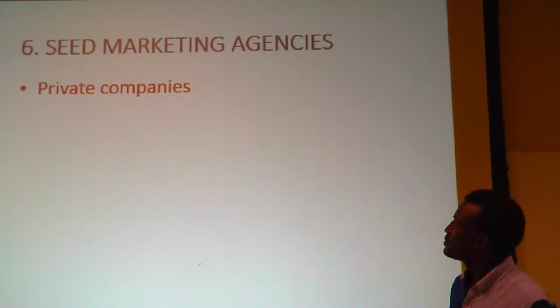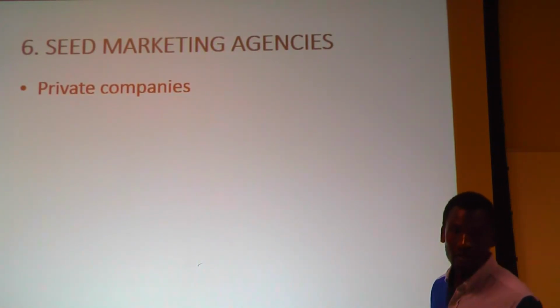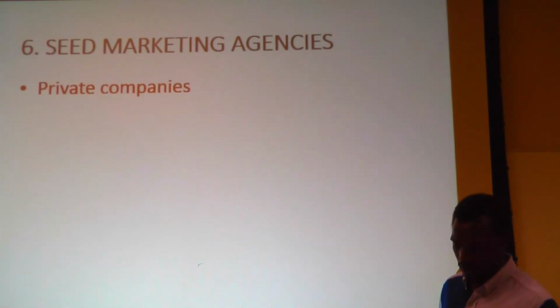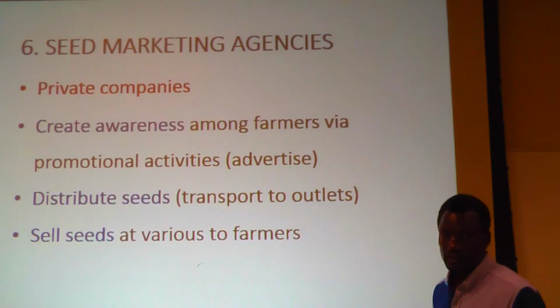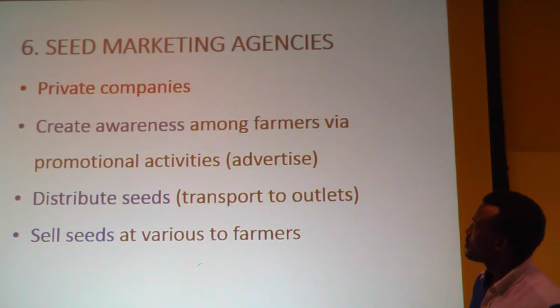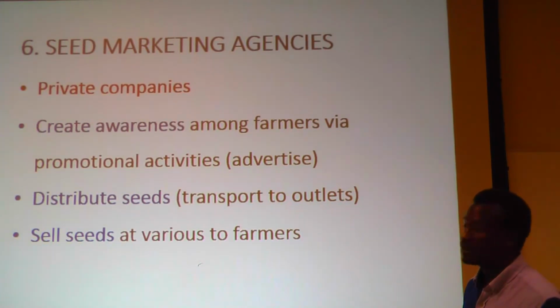And the 6th one, the seed marketing agency. These are mostly private companies that are involved in the marketing of seed and the planting material. They create awareness among farmers via promotional activities.